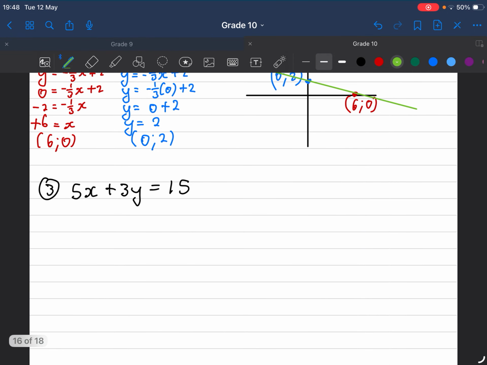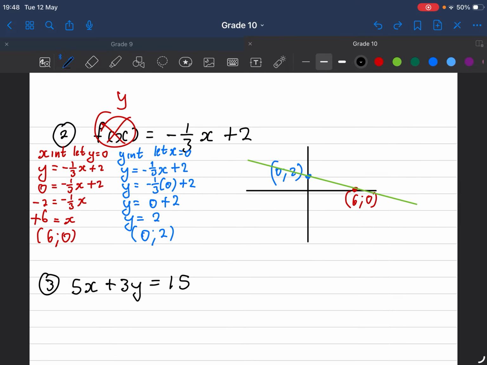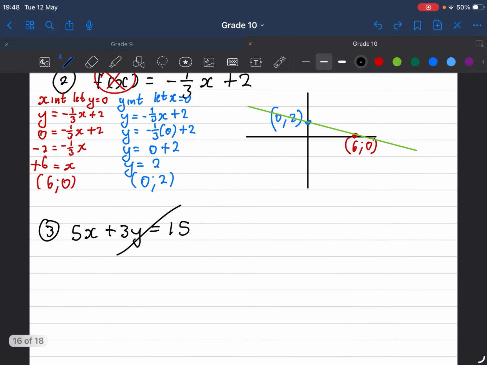For number 3, there's a bit of a problem. This is not in standard form. I cannot use it like that. I'm going to use my knowledge of literal equations to make y the subject of the formula. So I'll say 3y is equal to 15 minus 5x.